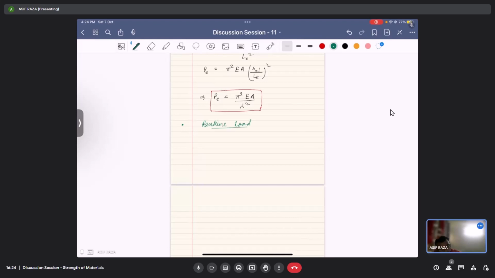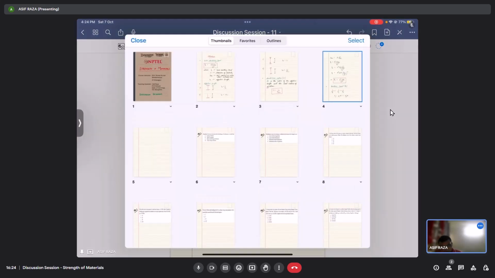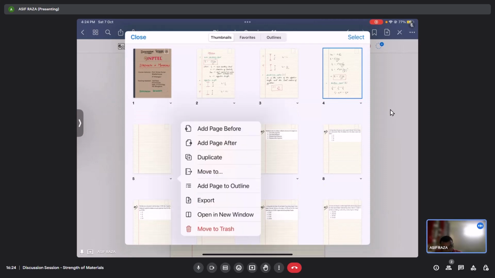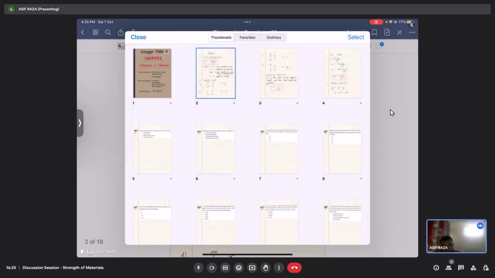Suppose PR is my Rankine load, that is given by PC plus PE, where PE is the same thing, and PC is sigma C times A or sigma Y times A. It's a crushing stress. So this is what is needed for today's session.